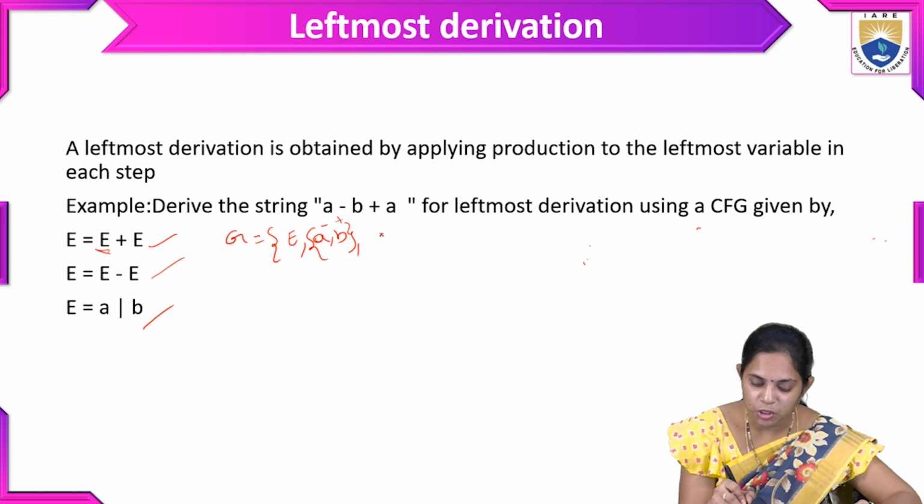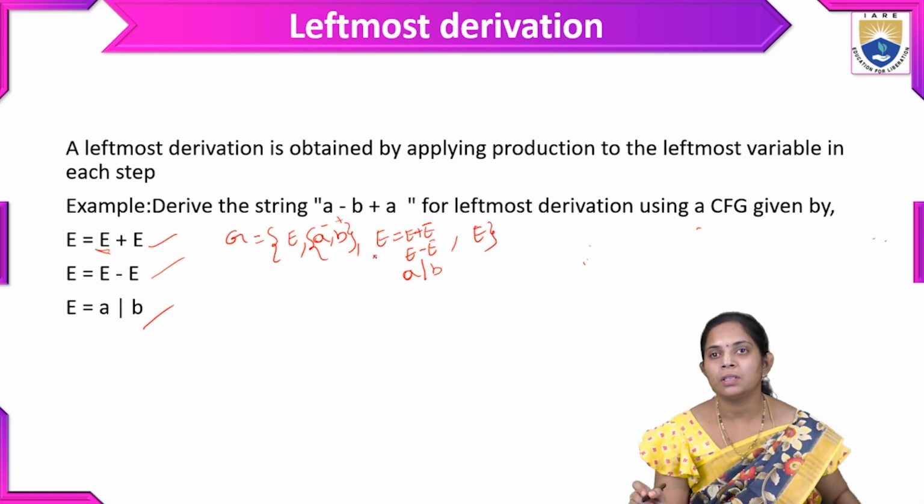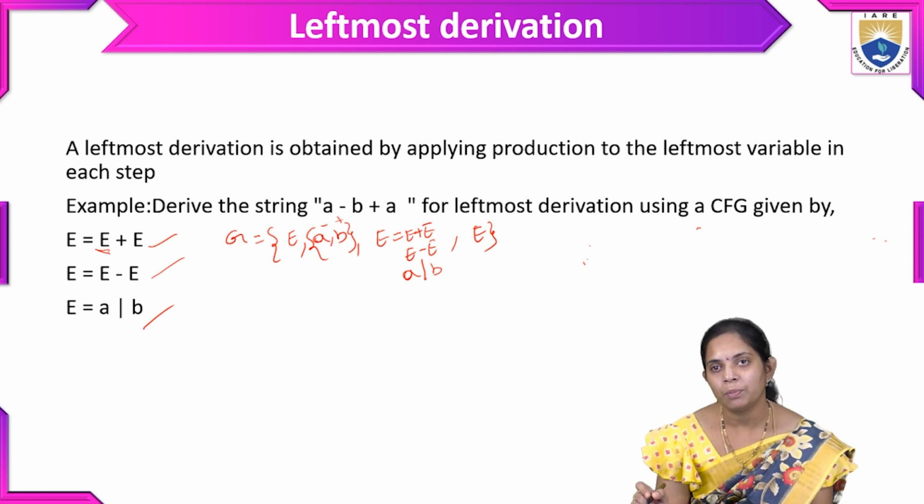And the production rules are: E is equal to E plus E, E minus E, and A or B. The starting state is E. These are the grammar tuple, the 4-tuple.